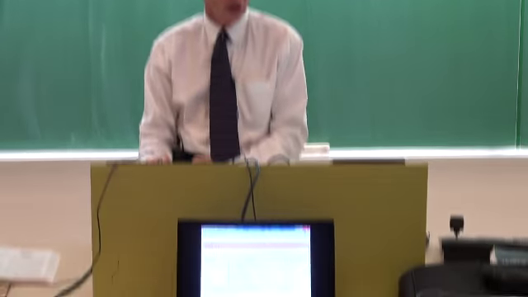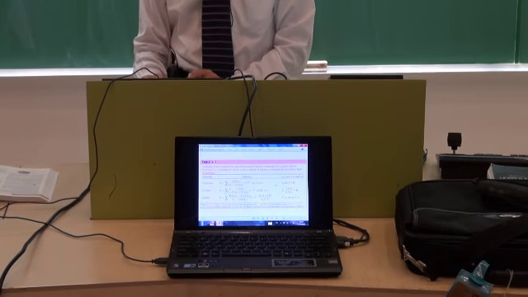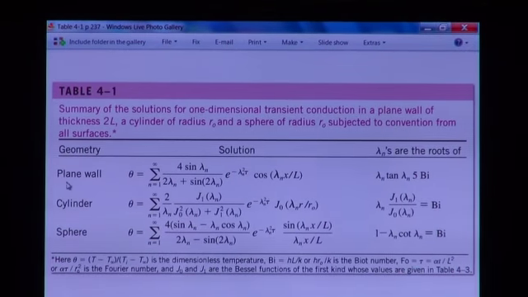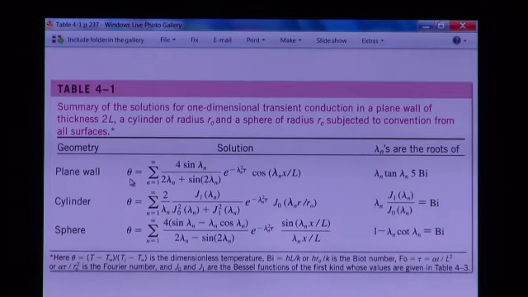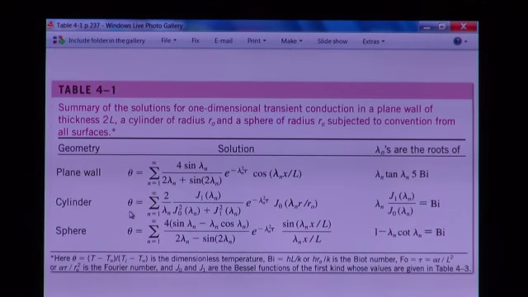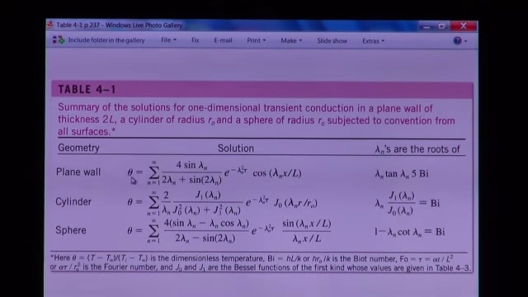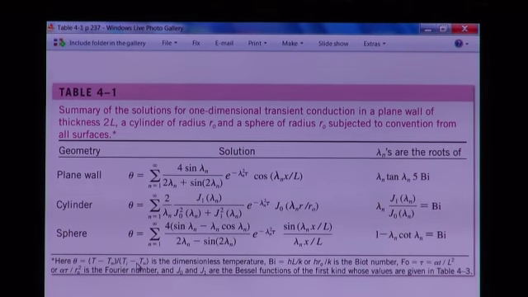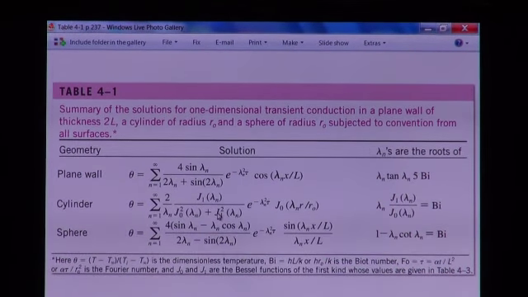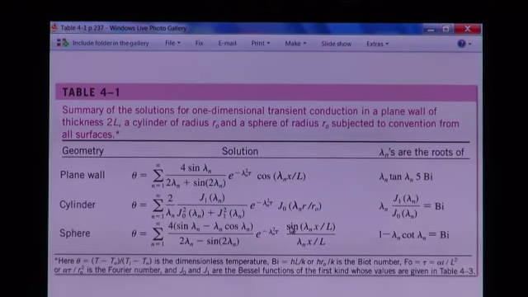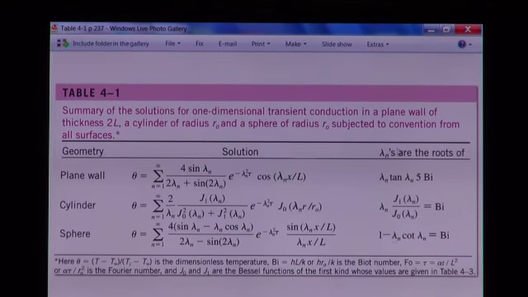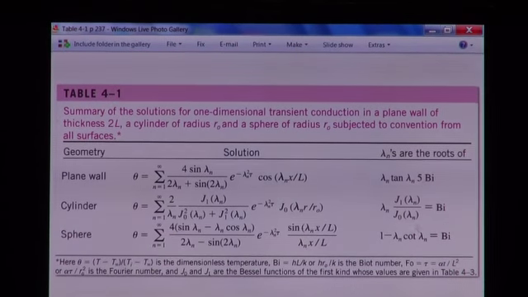Aaron, if you can zoom in on it quickly for us, which is given in table 4.1 in your textbook. Those are then the analytical solutions for the plane wall, the cylinder, and the sphere. Theta, the non-dimensionalized temperature, defined here in the fine print as a function of lambdas, okay, and J's. Okay. And the lambdas can be determined from the Biot numbers.